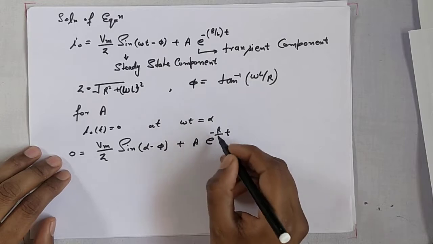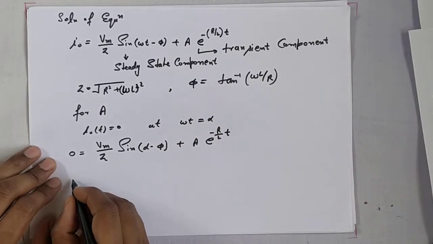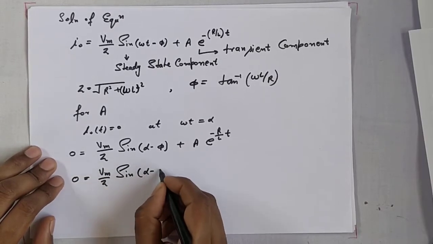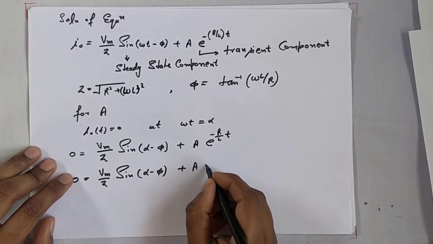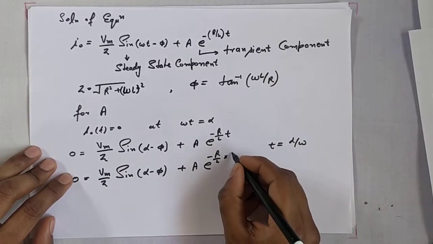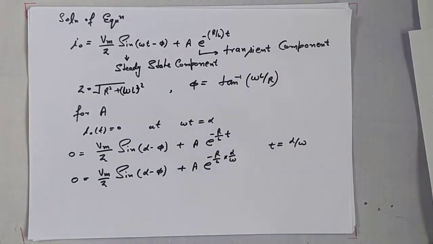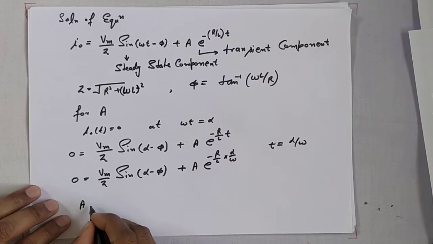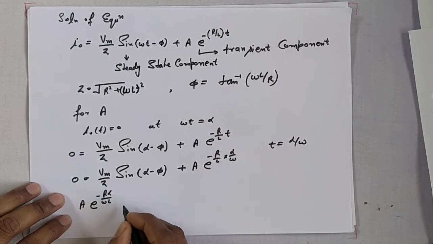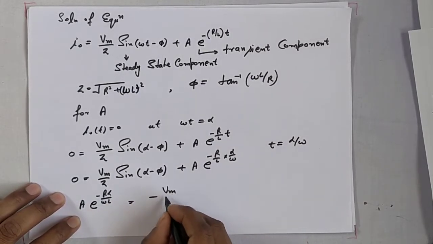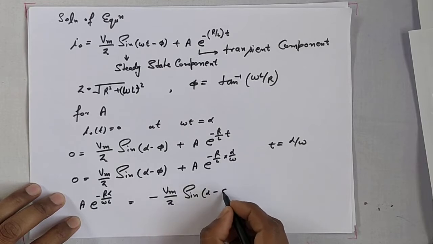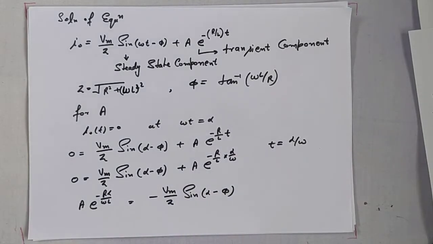Putting t equal to alpha by omega, A e to the power minus R alpha divided by omega L equals minus Vm by Z sin(alpha minus phi).